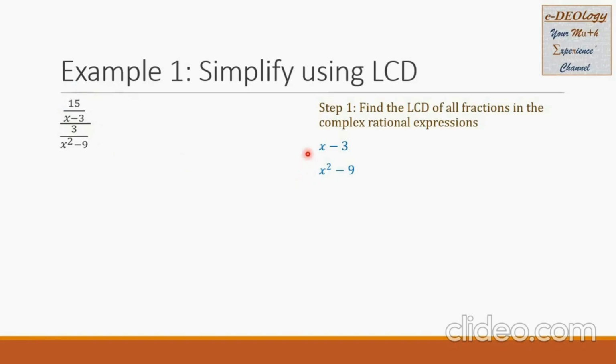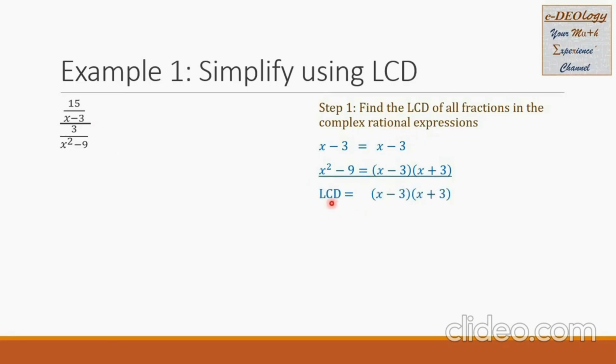Let us factor out these two denominators. The x minus 3 is already in simplified form, so we will just copy that. The x squared minus 9, the factors are x minus 3 and x plus 3. So we are going to write the common factors in a column.